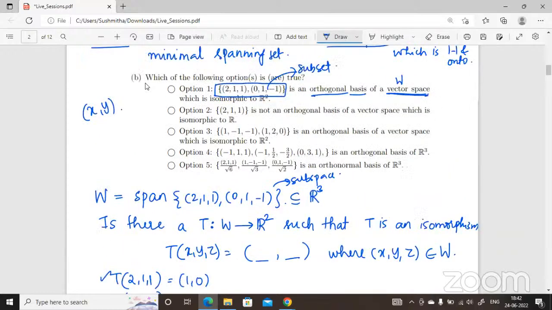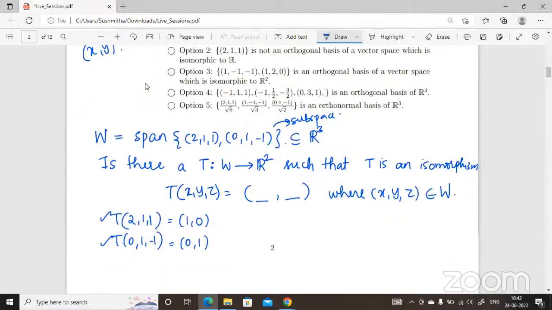Okay, this is an orthogonal basis of a vector space which is isomorphic to R2. To show that this subspace is isomorphic to R2, you have to define an isomorphism, right? Only if there is an isomorphism, these two are isomorphic. So you need to find a T such that this is an isomorphism.